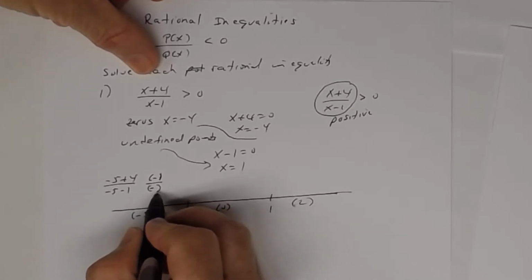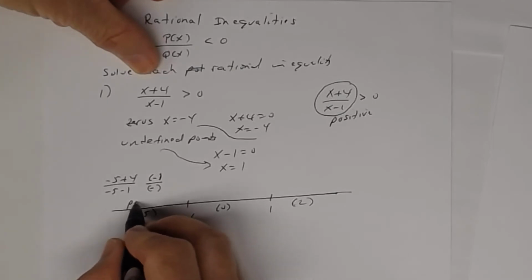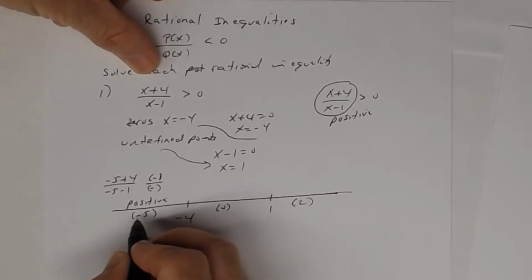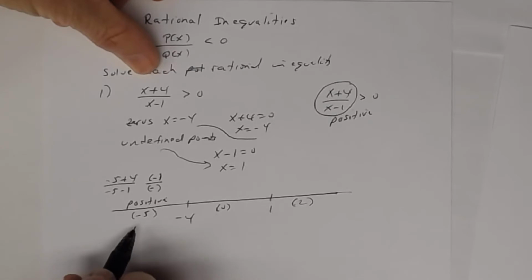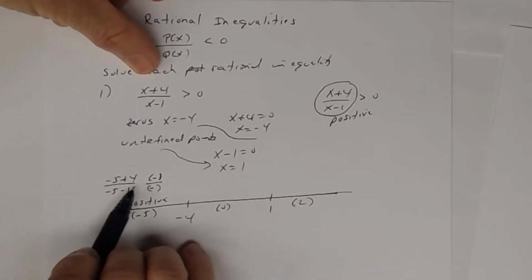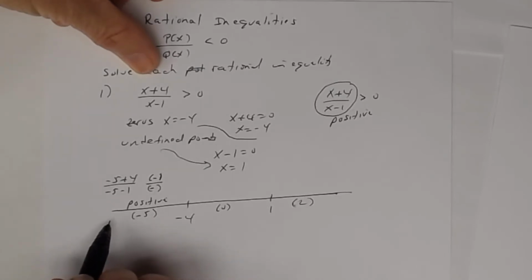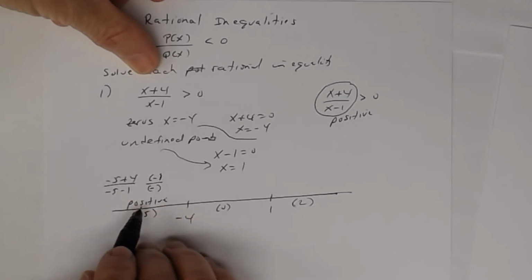That's a negative number. Well, negative divided by negative is a positive. So when x is -5, this expression is a positive number. In fact, no matter what test point you used in here, if you chose -10, -6.8, that expression will be positive.